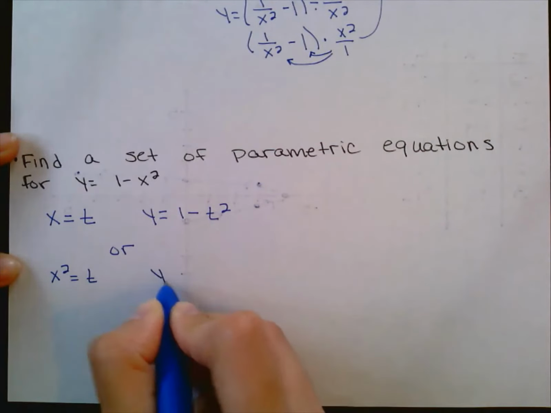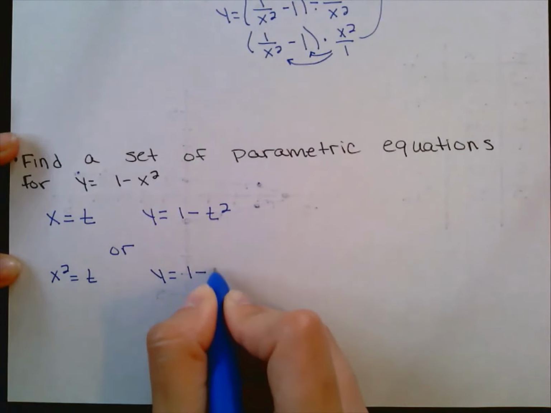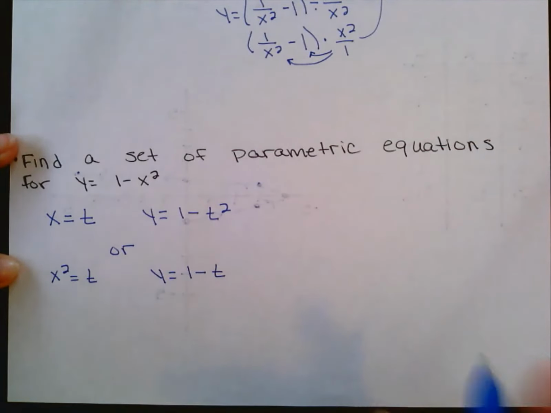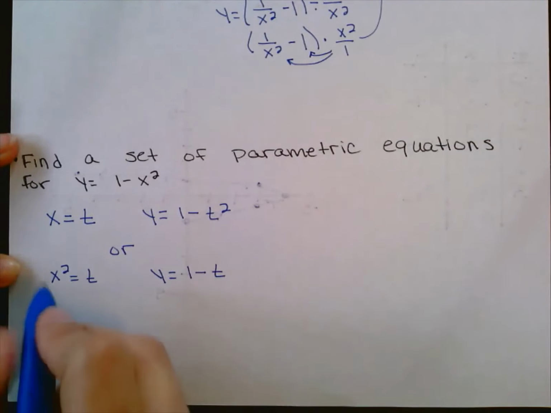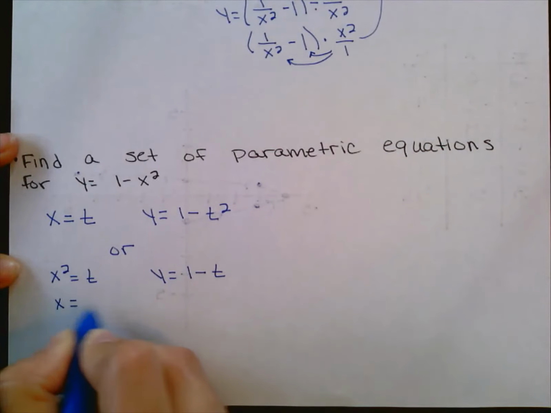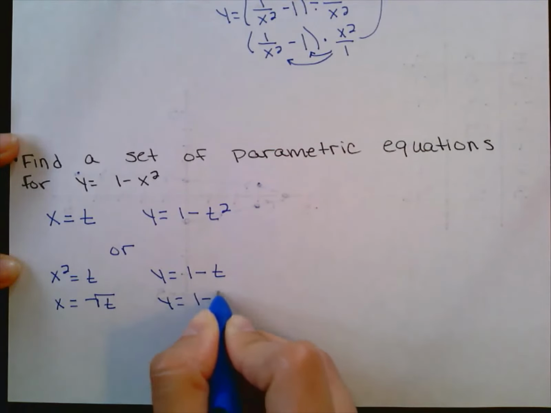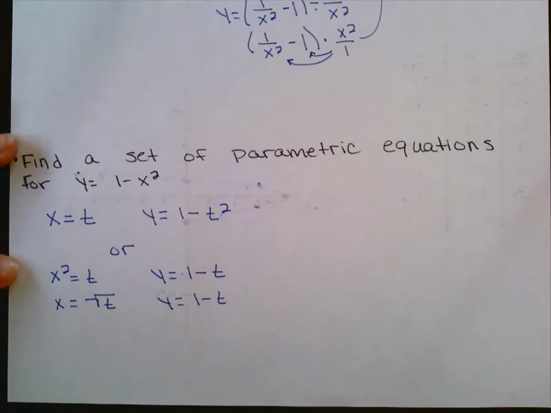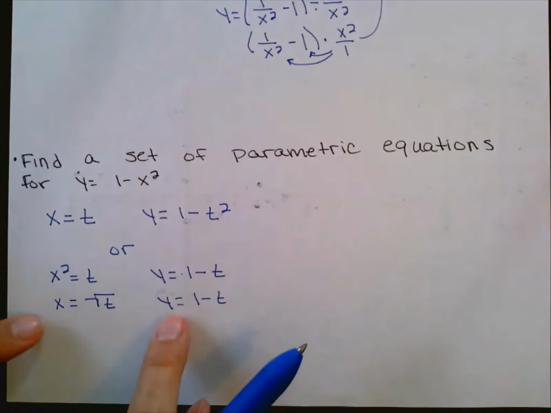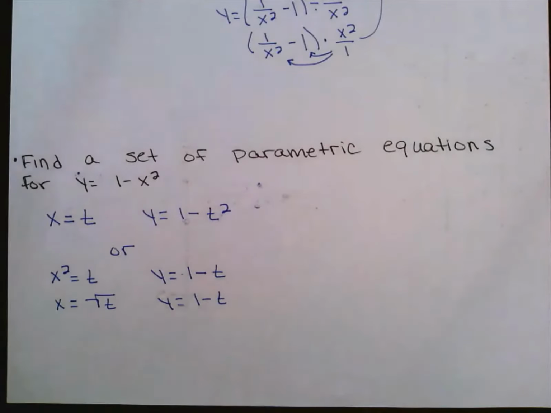And then I call this one y equals 1 minus t. This works too, as long as you isolate the x. Then you would have to clean it to say x equals square root of t and y equals 1 minus t. As long as you have an equation for x, an equation for y, you're good. Okay, this is not complicated. This is really easy. You're just creating two equations.